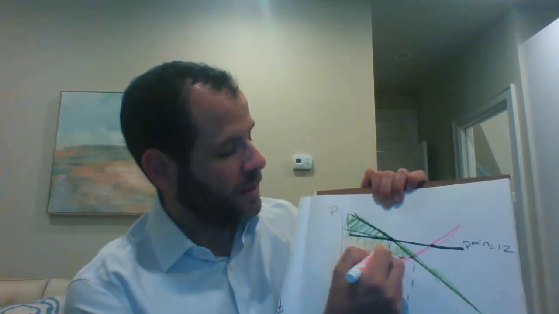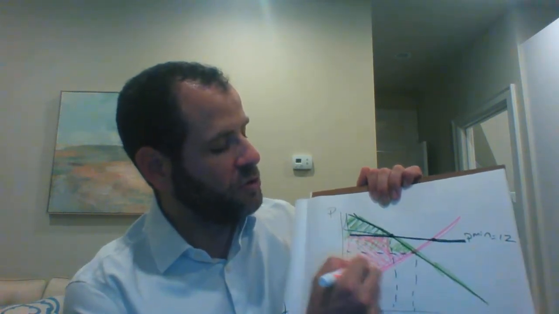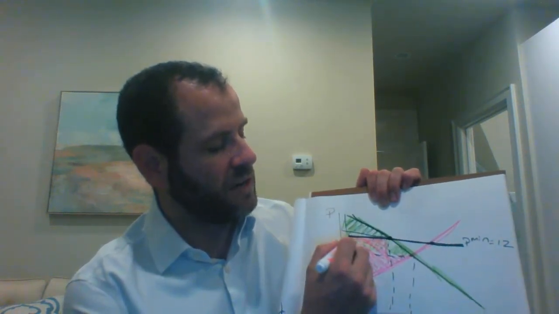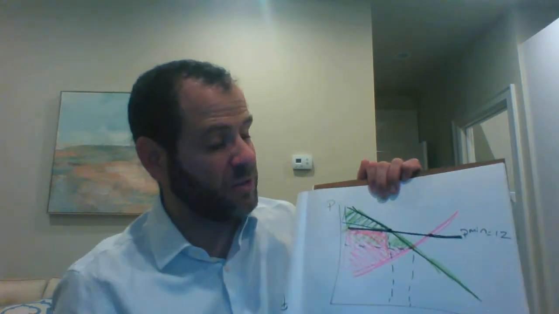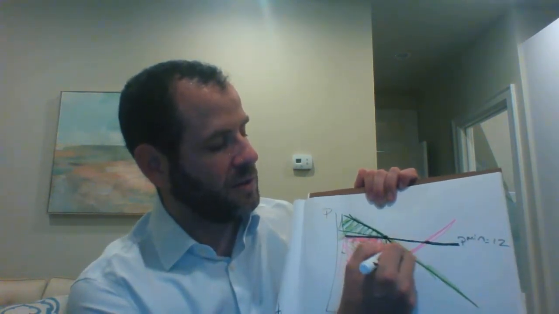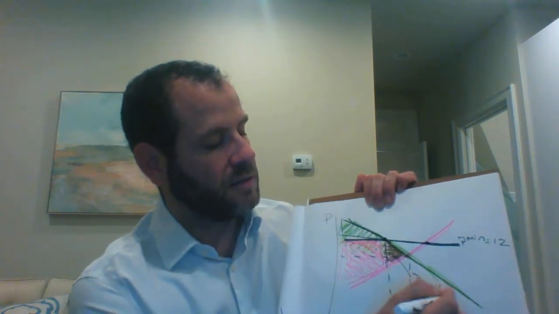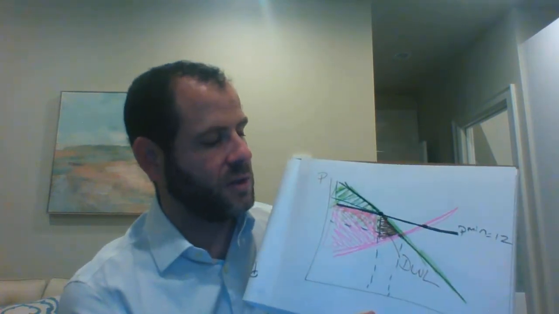The producers are now, it goes above the supply curve up to the price in the market. So the producers have picked up this rectangle here, that used to be consumer surplus. And as we saw before, there's going to be this triangle that is lost. That's our deadweight loss. And again, that's taking away from both consumers and producers.